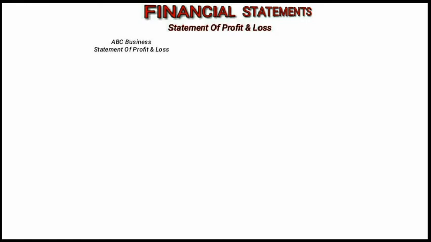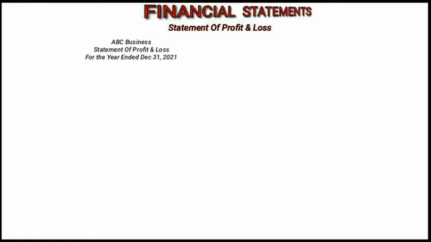An important point is that the statement of profit and loss reflects the effect of the transactions on the business, which take place throughout the year. So, in preparation of the SPL, we write for the year ended, and then write the reporting date and year. However, when we prepare a statement of financial position, we write as at the year end, because SOFP reflects the financial position of the business at a point in time, not throughout the year.